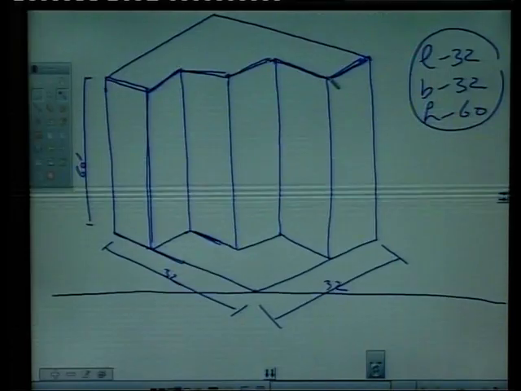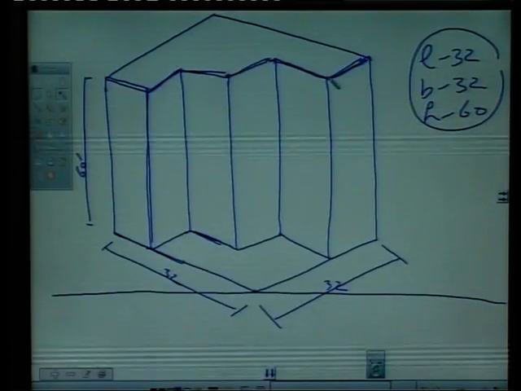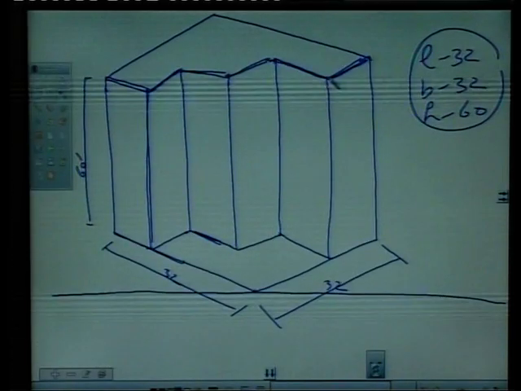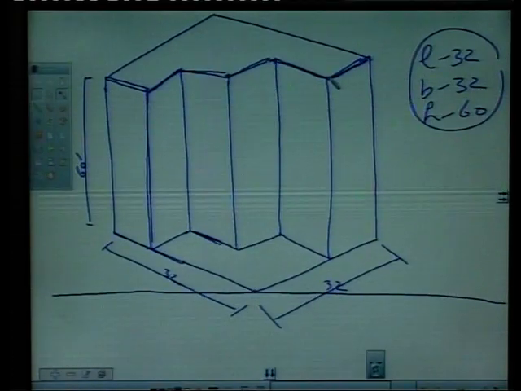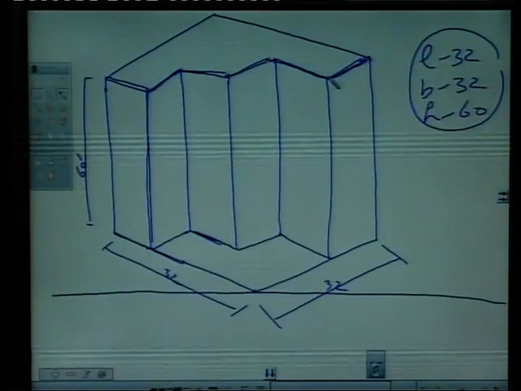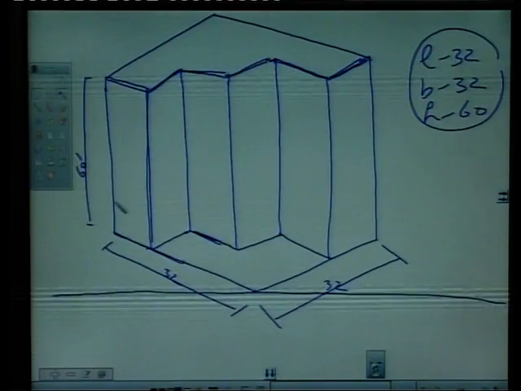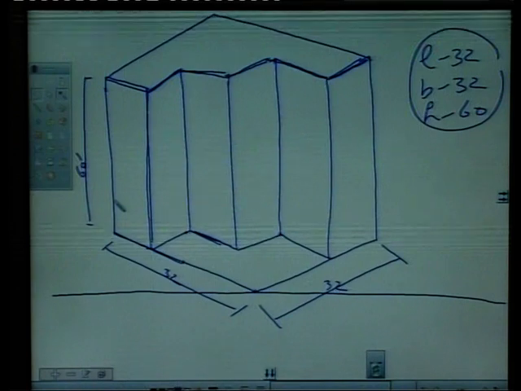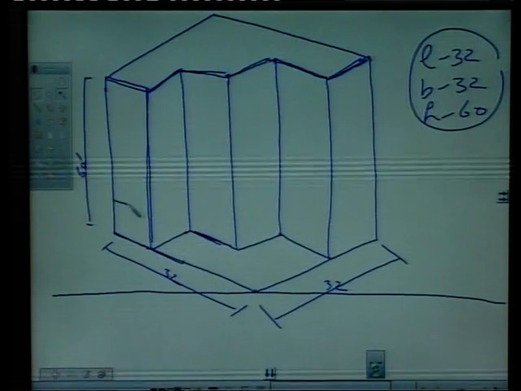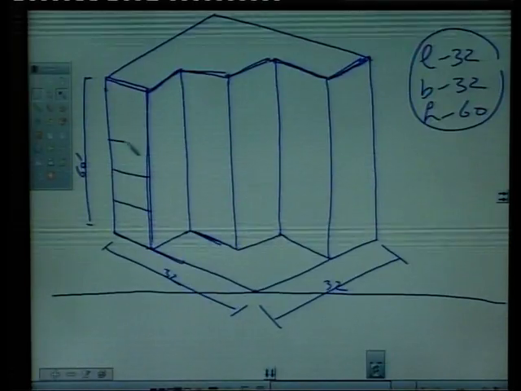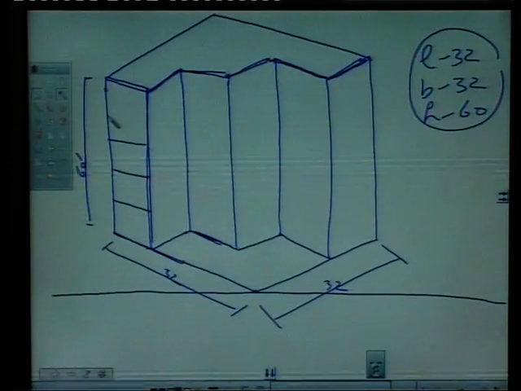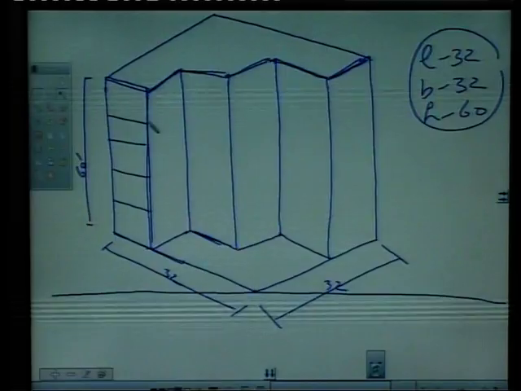Okay. This total is 60 and it is a 5-story building, right? So divide this building vertically into 5 stories, say 10 feet each, draw a line like this, 1, 2, 3, 4, 5 and terrace.